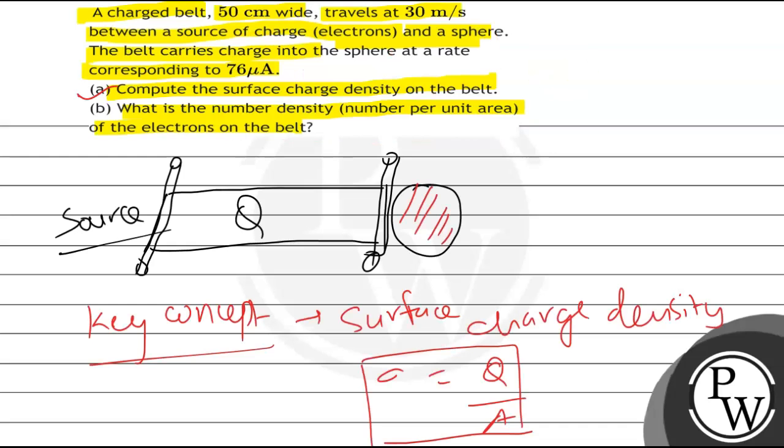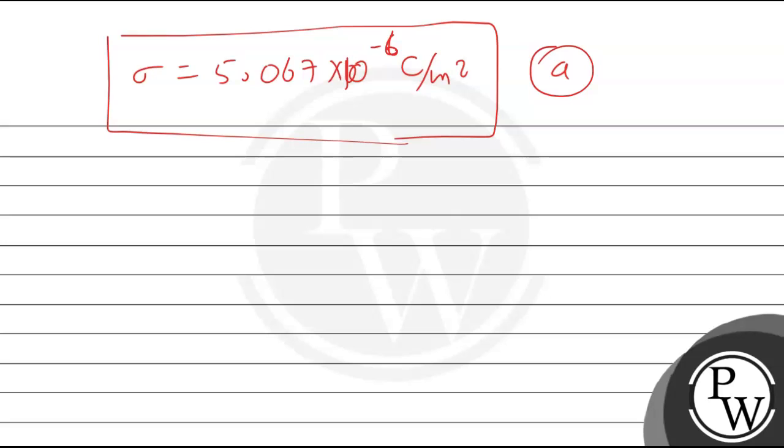Now let us read the question B. Here in the question, we need to find out the number density, which is equal to number of the electrons per unit area. So let us solve the question B over here.